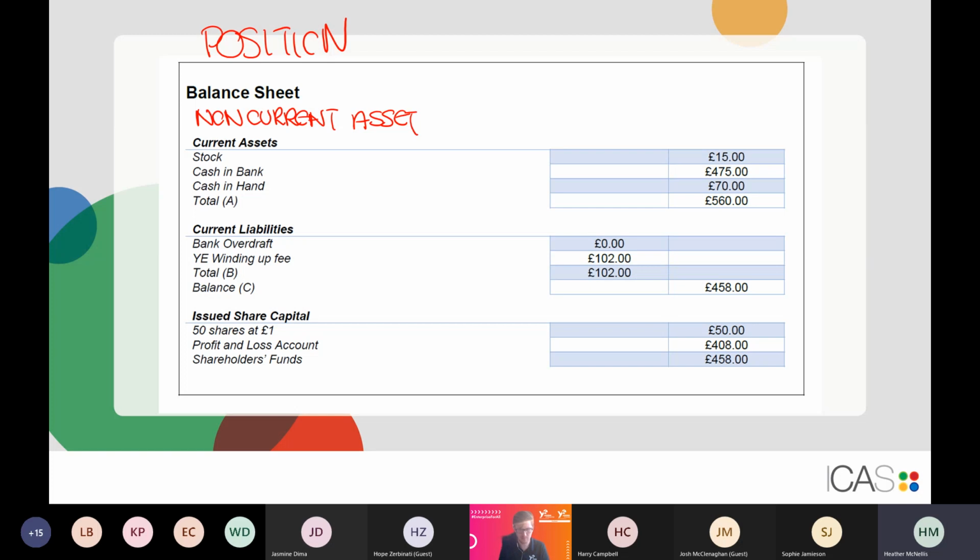But just for your awareness, if you were to look at other financial statements out of interest, you will probably see non-current assets up the top. So that's your long-term assets, so things like cars, buildings, computers, etc.